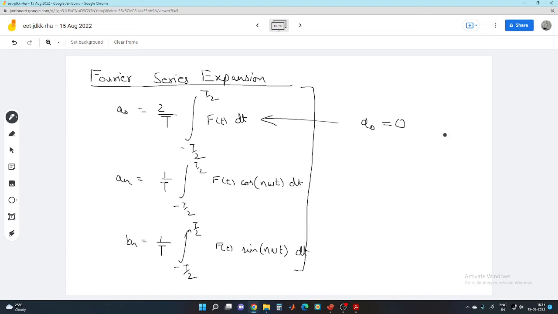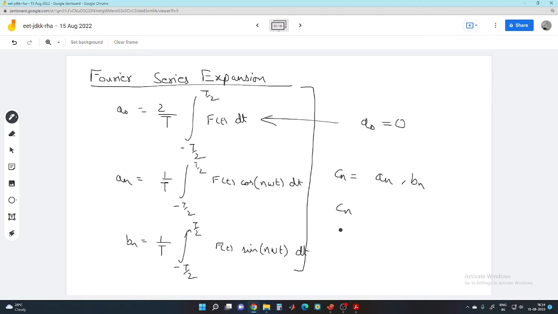So that is not much to worry about. But the harmonic components we have to actually check. So I leave it to you as an exercise to find Cn values as a function of An and Bn.